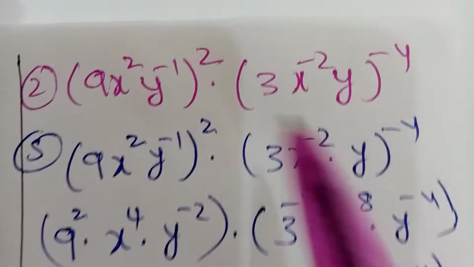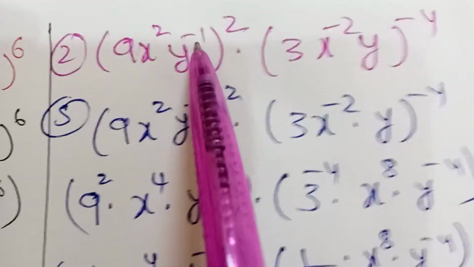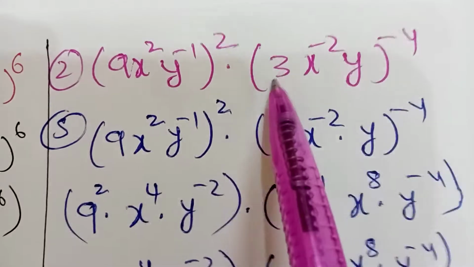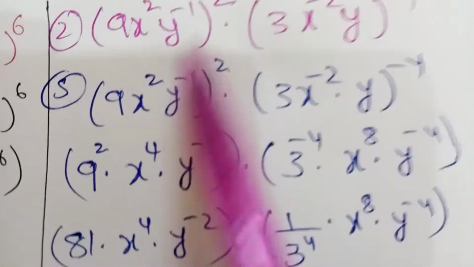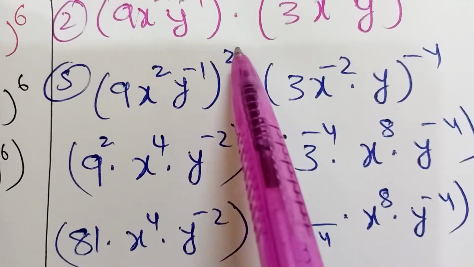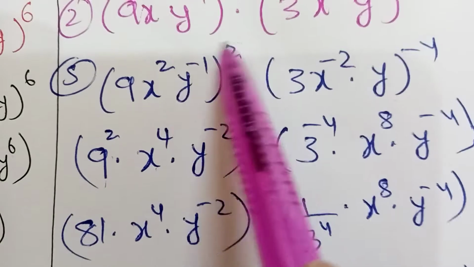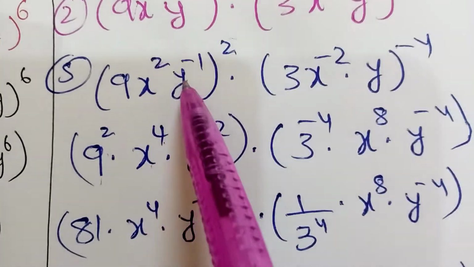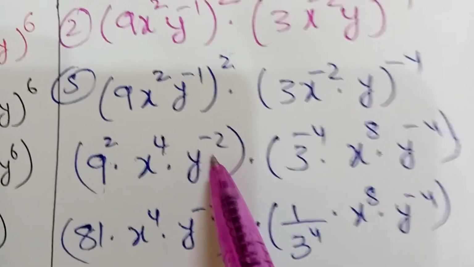Next question, 9 power of 9 into x square, y power of minus 1 whole square, 3 into x power of minus 2, y power of minus 4, given. So 9 square, x as it is, 2 2s are 4, y 2 into minus 1 minus 2.